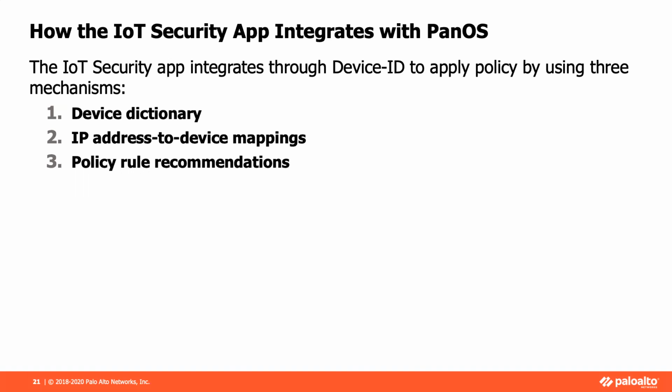So basically, it can give you an inventory and a dictionary of all your devices, which allows you to do things like group them together by device or IP ranges or things like that.